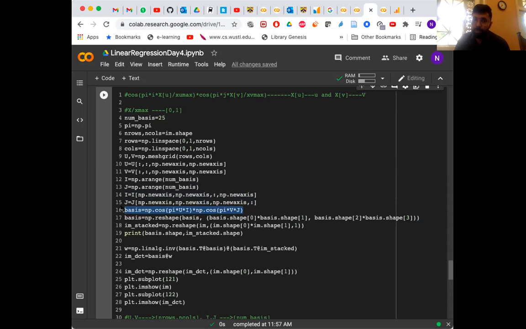Is it clear to everyone how to do discrete cosine transform for a 2D image? I want to see some yeses in the chat so that I have some confidence that things are clear. If it's not clear, we can go over it again. It's not too tricky.